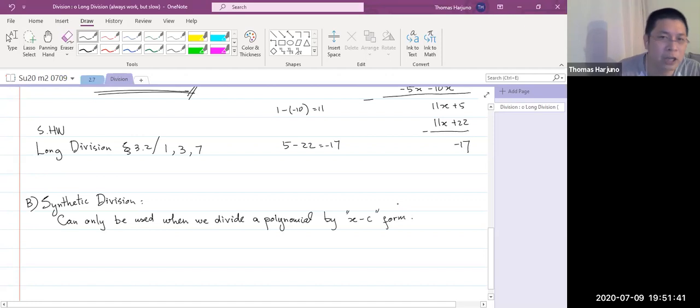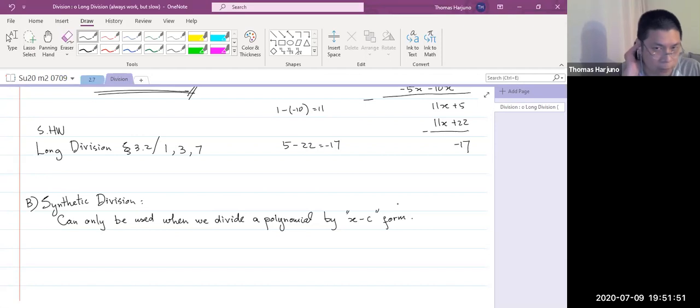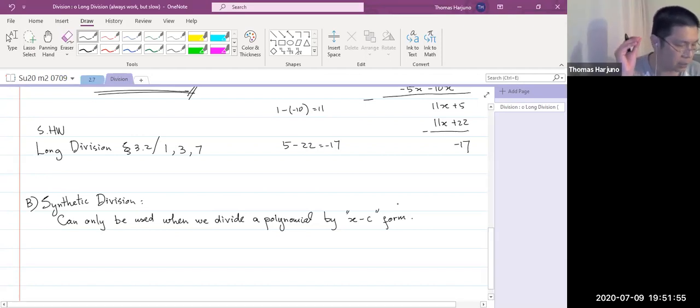So it's either x plus 2, x minus 5, x plus or minus something. But it has to be x plus or minus something. Cannot have 2x or 3x or 5x. No, no, no. It has to be x plus or minus something. Okay? So basically, if you have a polynomial p(x) divided by x minus c.